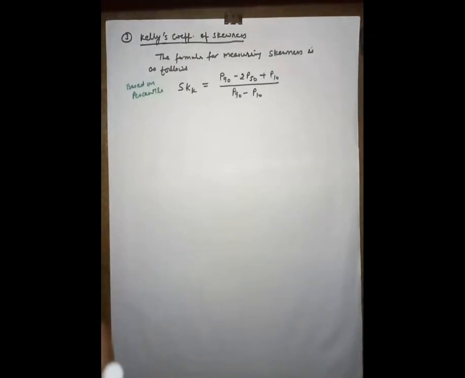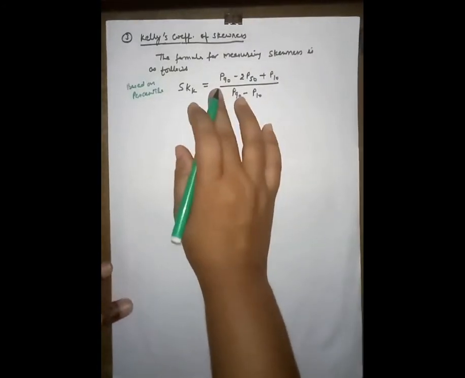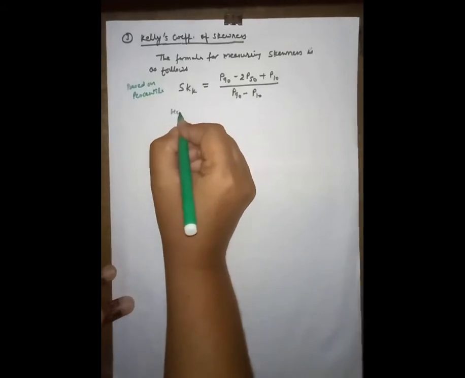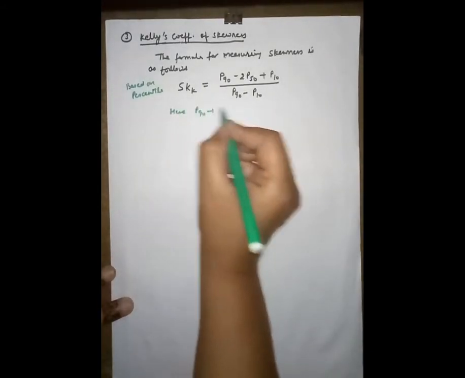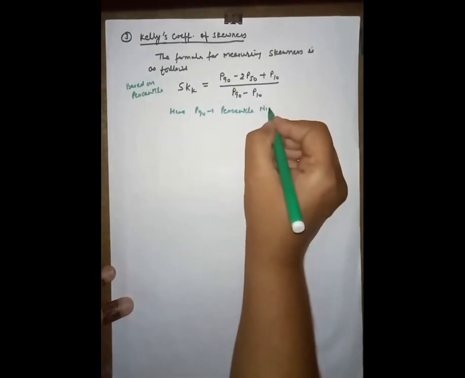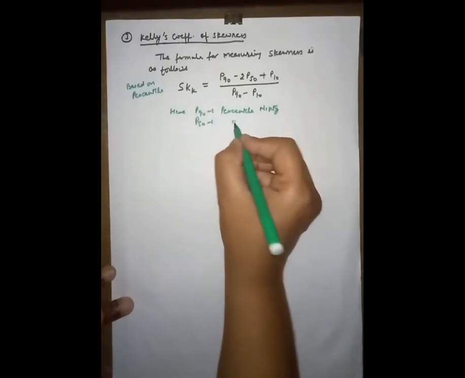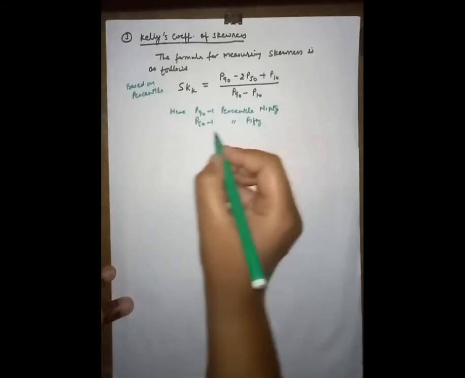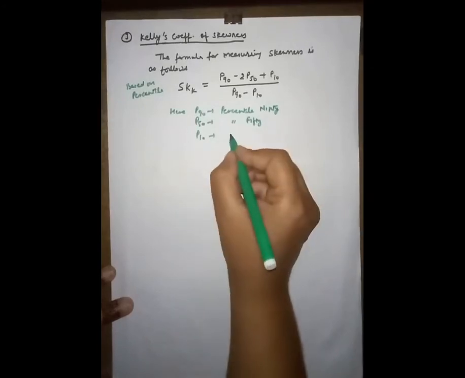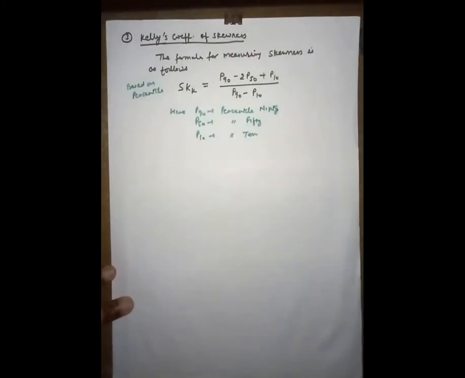So here P90 is percentile 90, P50 is percentile 50 and P10 is percentile 10, right? So this formula is based on the percentile.